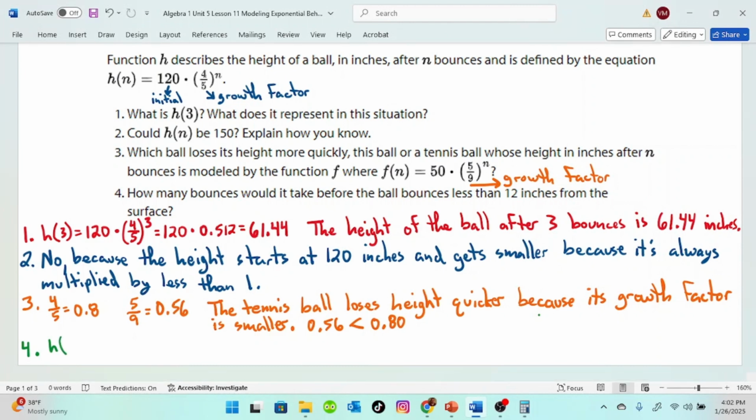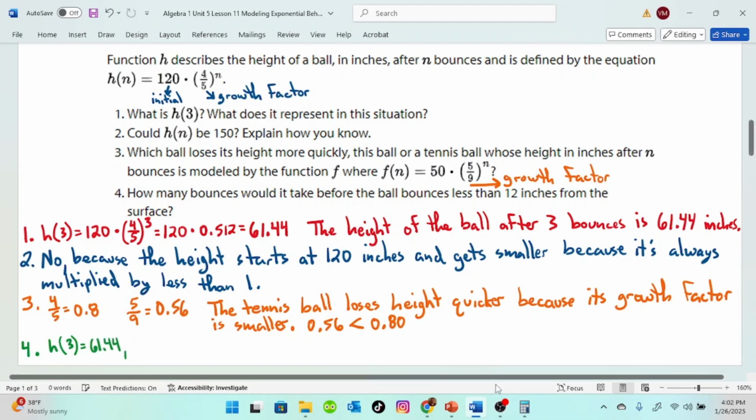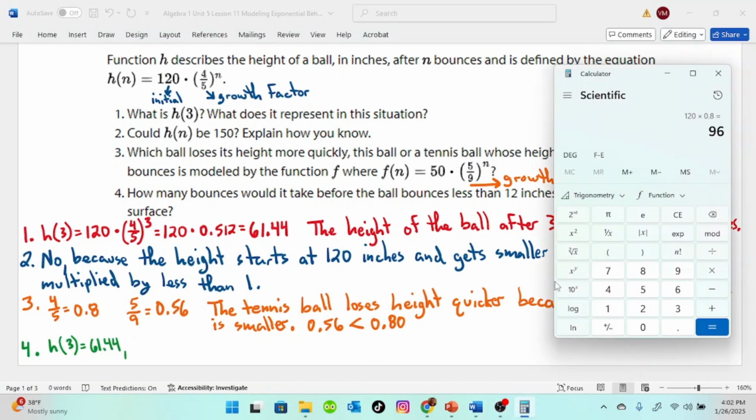We can start at h of 3 since we did that one on number 1. So we know that h of 3 equals 61.44. So let's start at that.